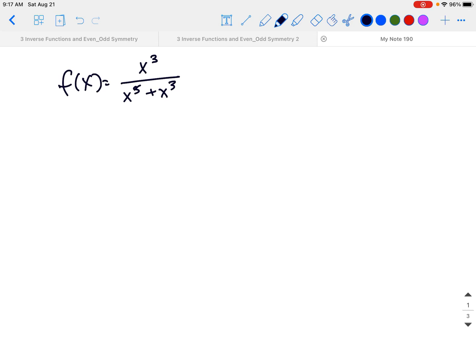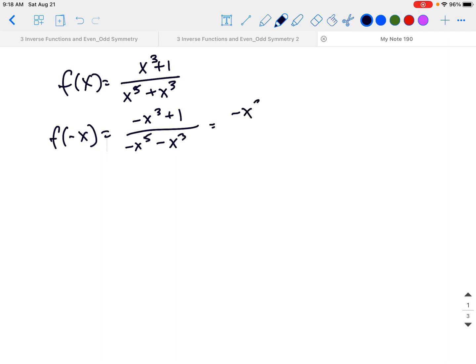And let's say this is x cubed, because we can factor this. Let's say plus 1. All right, so I've got odd powers everywhere, but I have this plus 1. So if I did f of negative x, I'd get negative x cubed plus 1, and then negative x to the 5th minus x cubed.